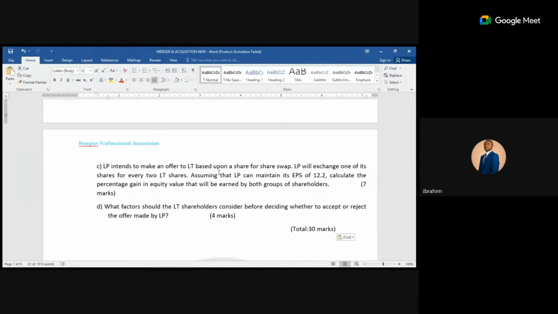LP will exchange one of its shares for every two LT shares, just like the way I just explained now, that for every 2 shares in Abbas Limited, we give them 1.